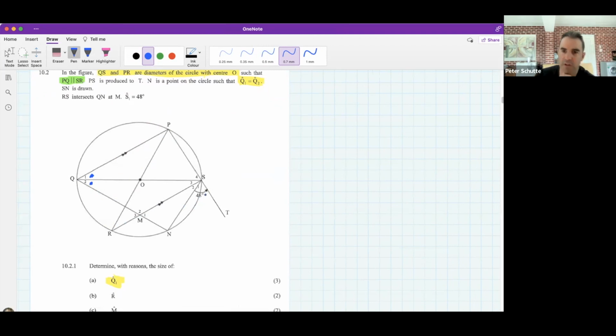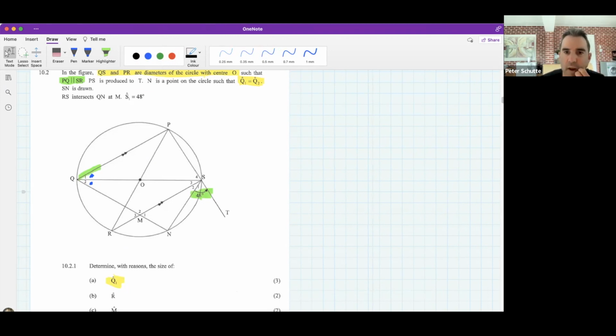I don't know if I would get 42. The only thing that we can connect at the moment is this 48 over here, and Q1 seems to live over here. So I'm just wondering what connection can be made.